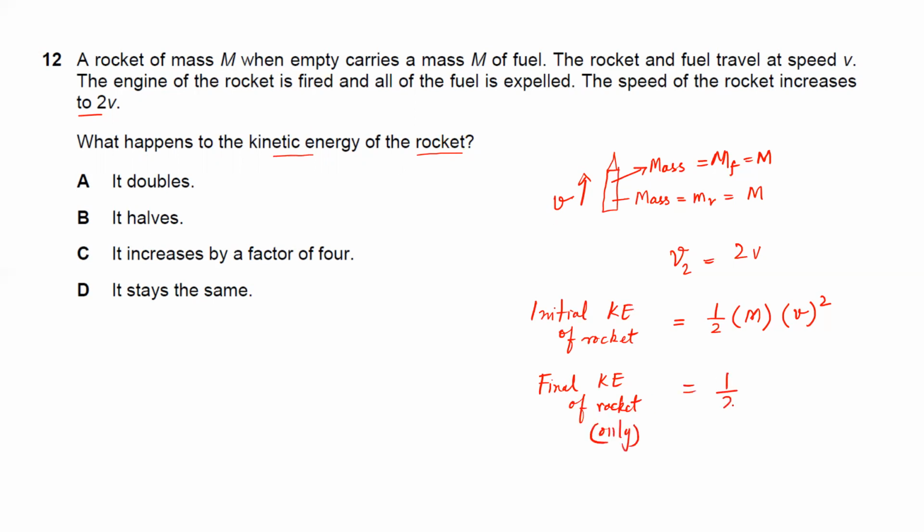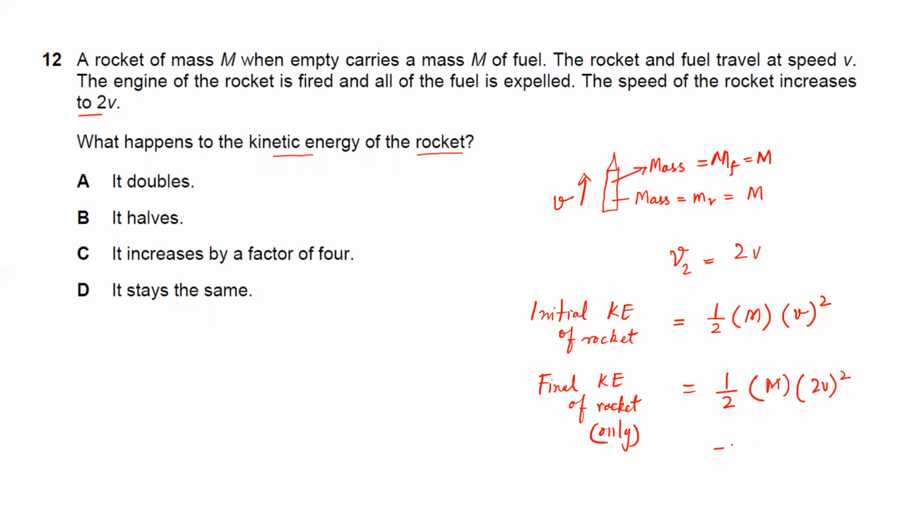This is one of the problems which most of the students made in this exam. They did m plus m, 2m, and that messed up this question. It's only considering the rocket, so that is why your marking scheme gives you the answer which is over there. So for the final kinetic energy, remember the mass of rocket is m and the new velocity is 2v.